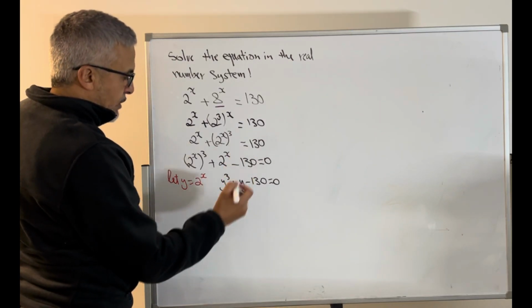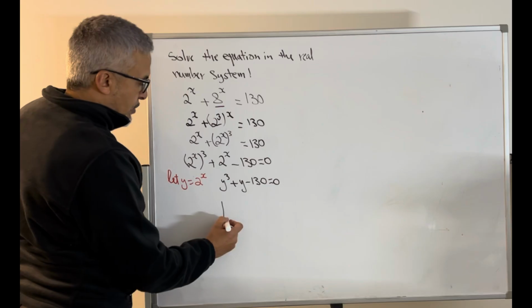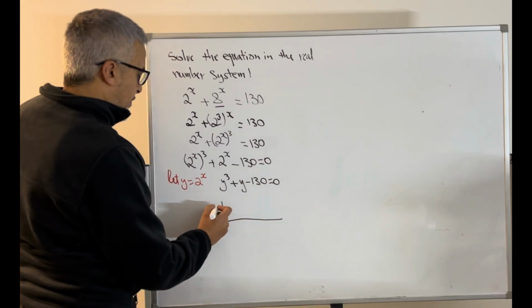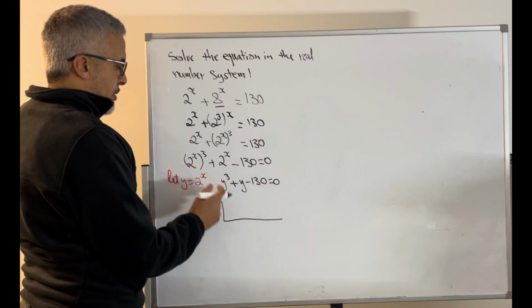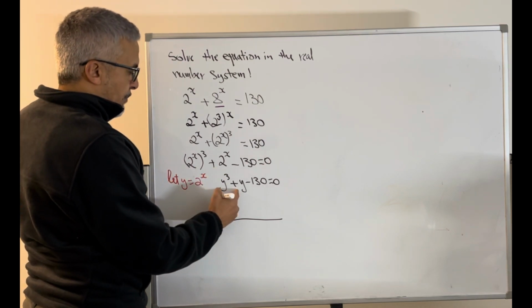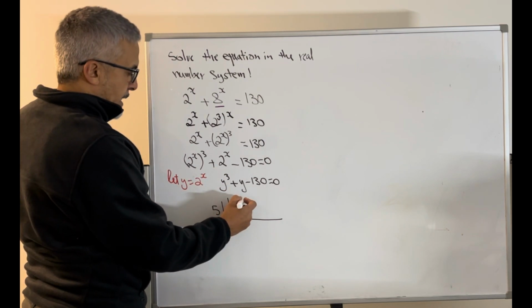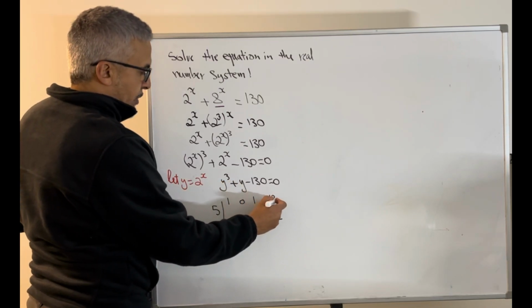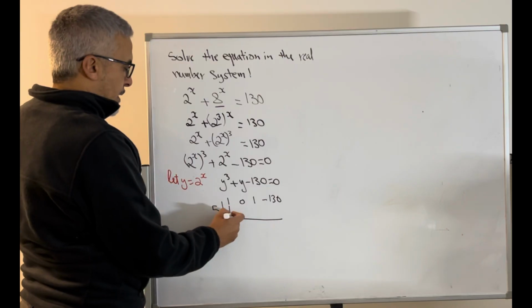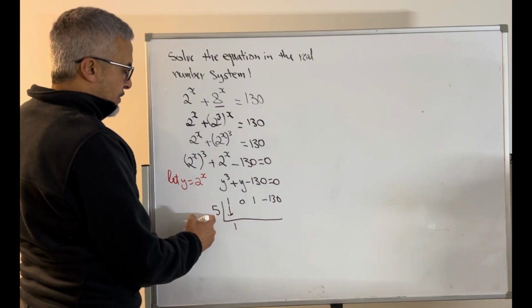So what I'm going to do is synthetic division with 5 to figure out the rest of the equation. Now, the coefficients here are 1. We're going to have a y squared, so that's going to be 0. And 1 and negative 130. Bring the 1 down. 1 times 5 is 5.